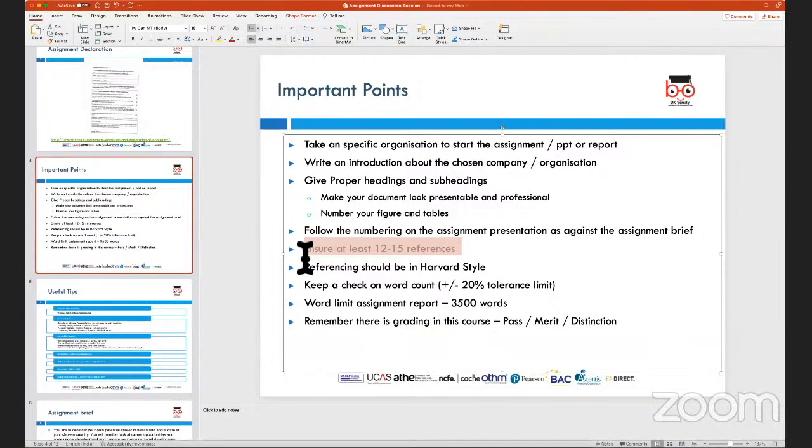When you're using it in your own assignment, you are either paraphrasing it, writing it in your own words, and then giving credit towards the end in a bibliography, or if you're using direct quotes or essentially using the text as it is from a website, article, presentation, journal, whatever it is, then you're referencing it and giving credit to the author by creating a referencing list towards the end.